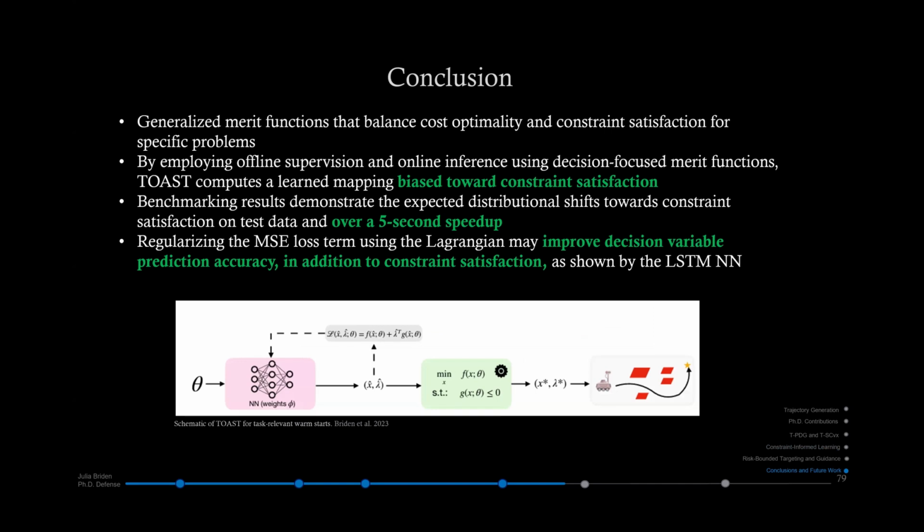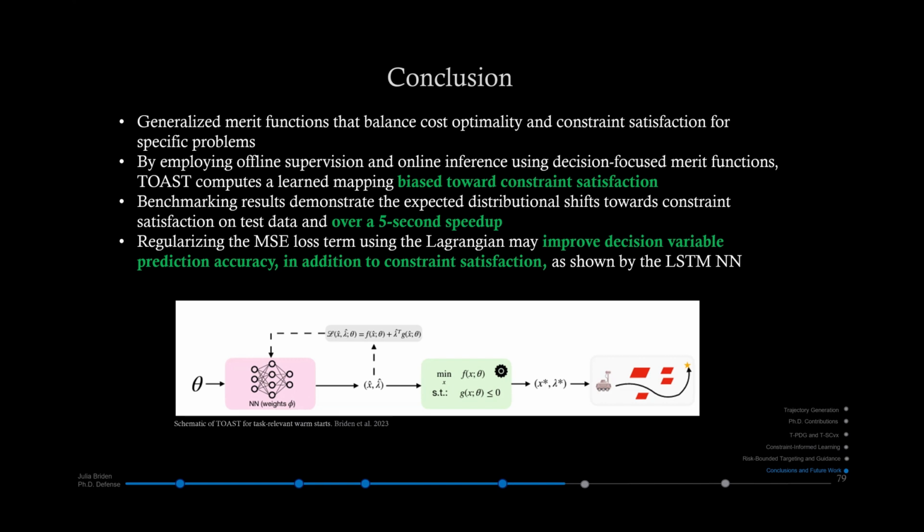So in conclusion, we were able to generate a set of merit functions that balance both cost optimality and constraint satisfaction when we're learning for constrained optimization problems. Further, we were able to employ offline supervision and then online inference using these decision-focused merit functions and show that this overall architecture included a bias towards constraint satisfaction and also over a 5-second speedup compared to our original problem.